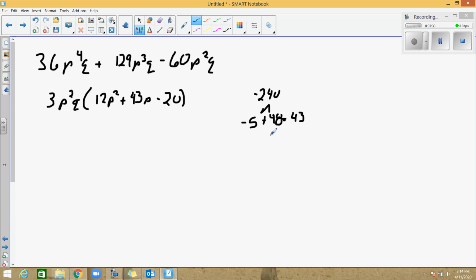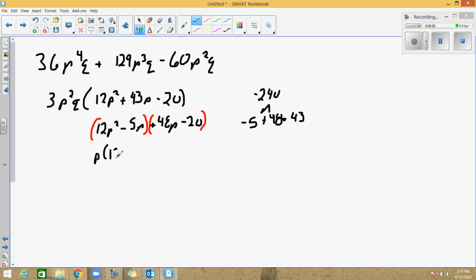So now I have to expand my middle term using those two factors that I've already found. So I get a 12p squared minus 5p plus 48p minus 20. Go ahead. We're going to group those guys. And out of here, I can get a p.